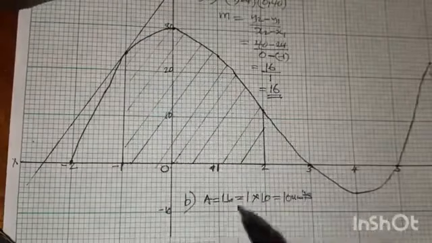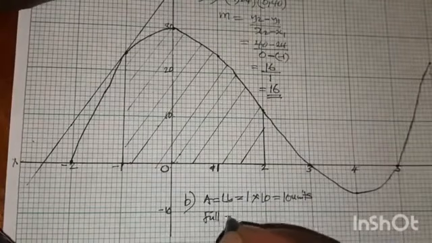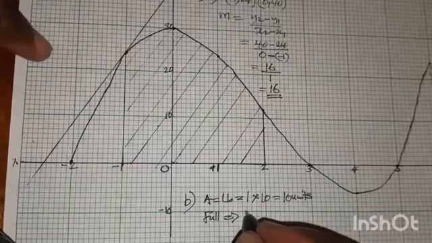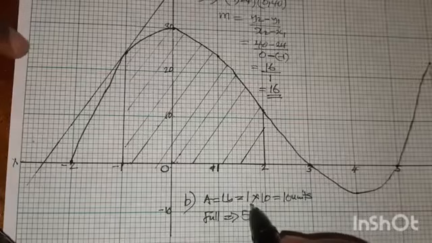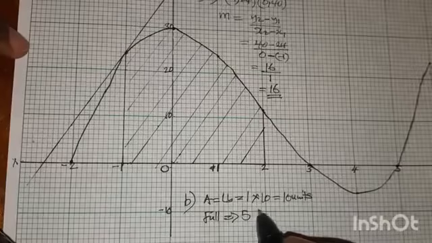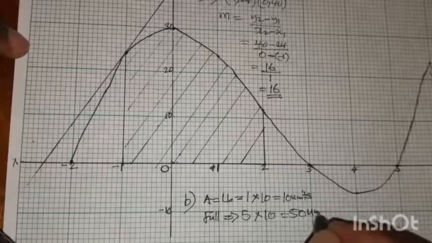The rest are halves. So full squares, we have 5. Now remember, area of one square is 10 square units. So we're going to multiply this 5 by 10, which gives 50 square units.